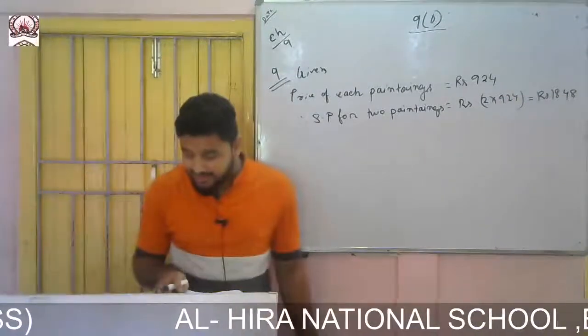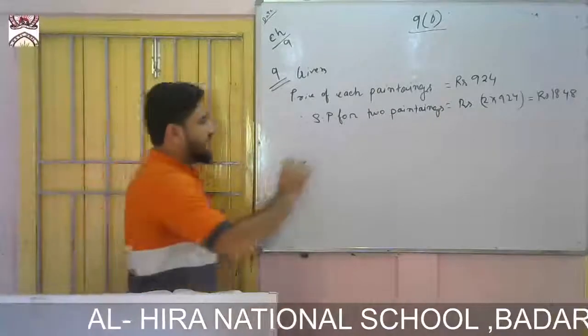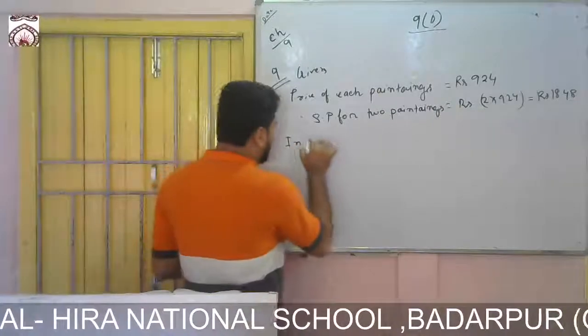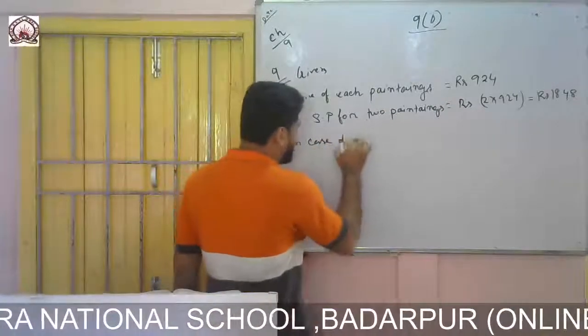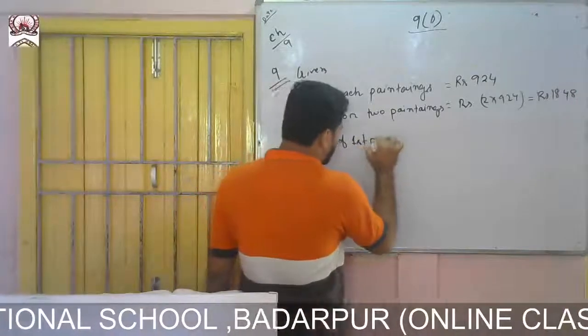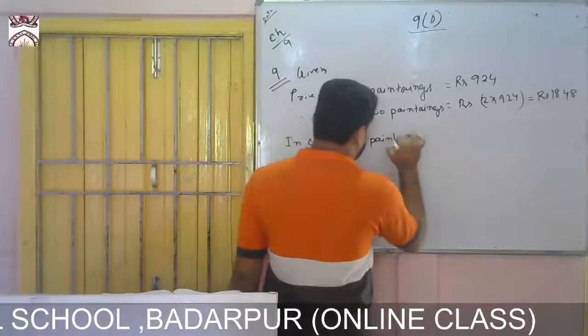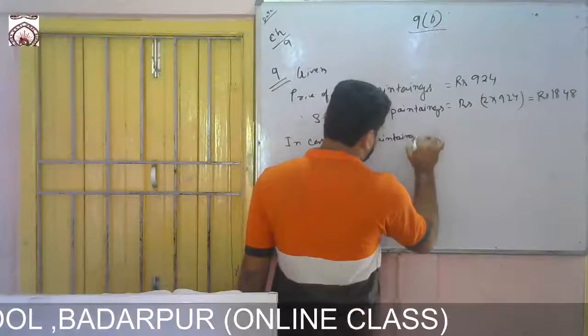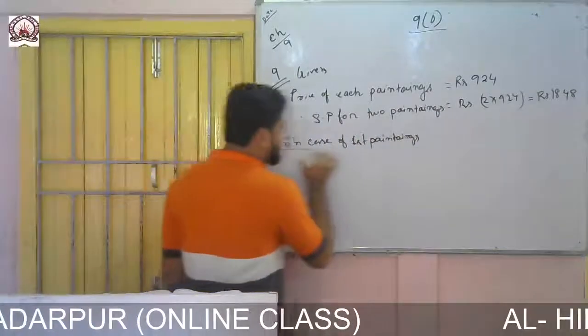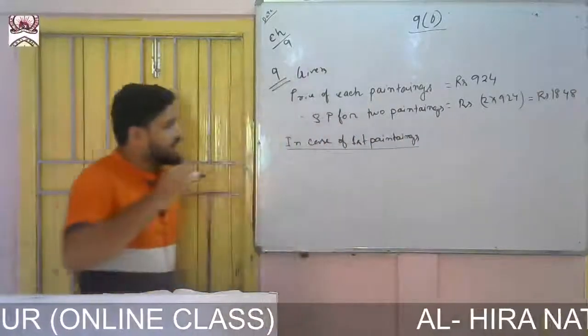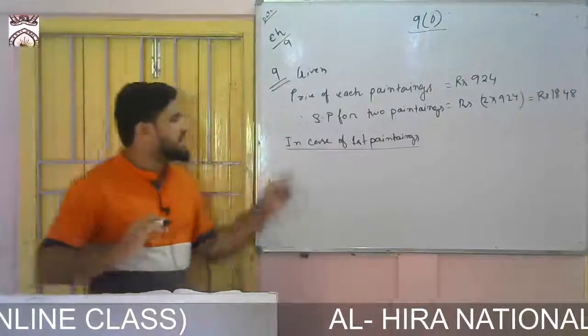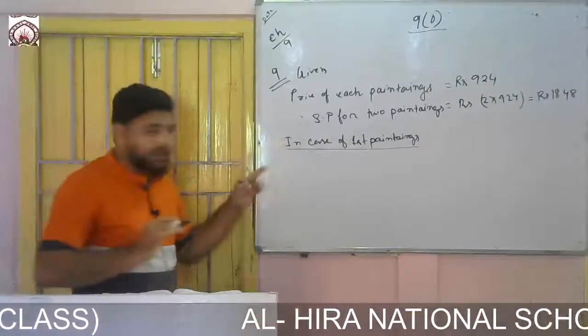Now let us go for the first painting. In case of the first painting, SP is given, rupees 924.